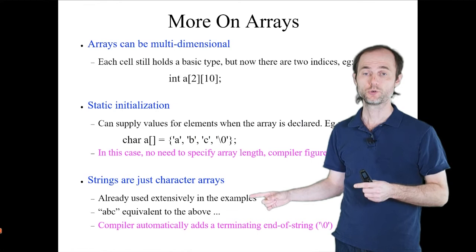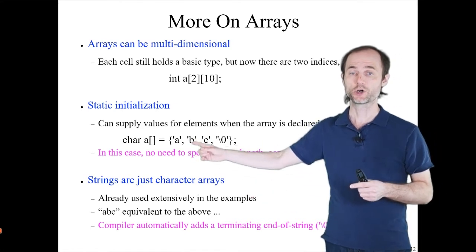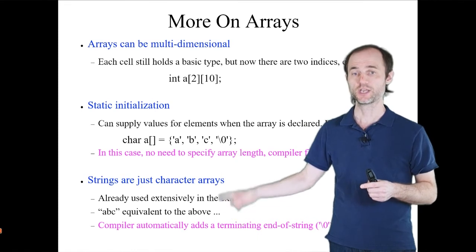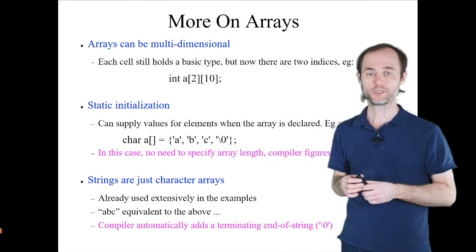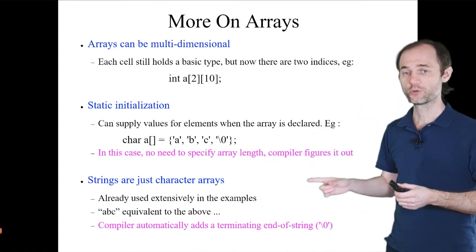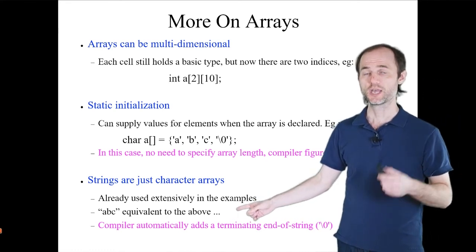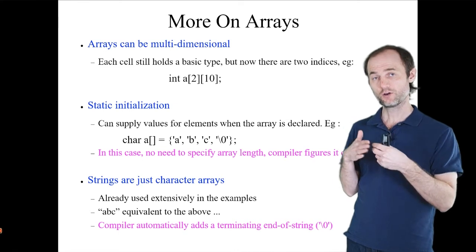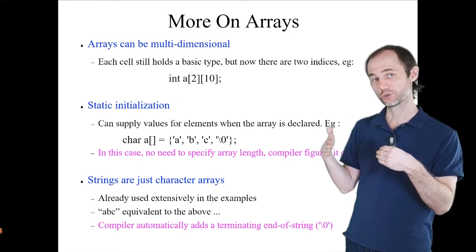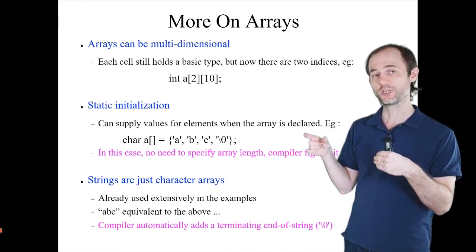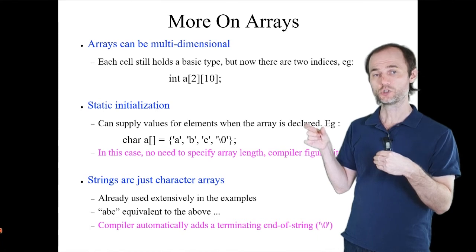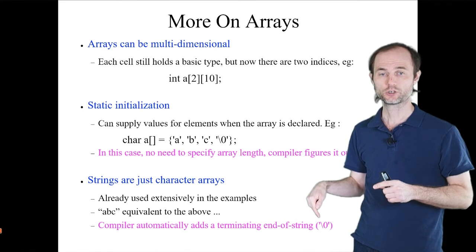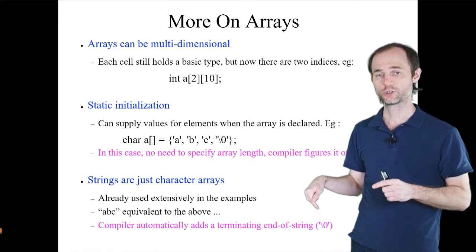If you were to set char a equal to "abc" in quotes, this and that would be equivalent. Note that "abc" in quotes is a string, and strings are represented in C via a character array terminated by the 0 character, the end of string character, which is a special character, just like \n.